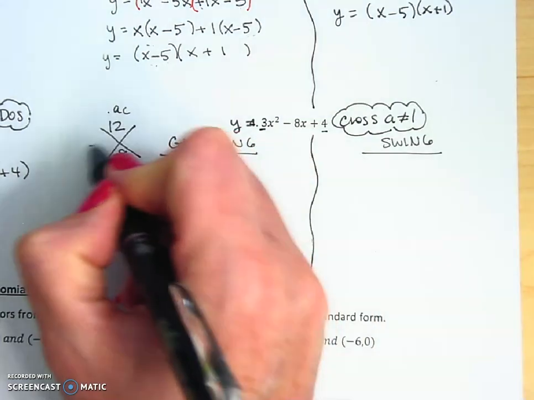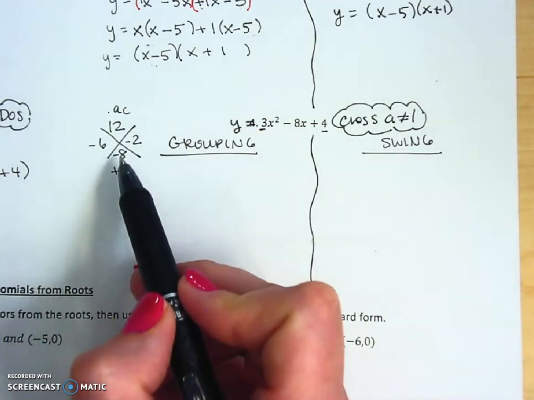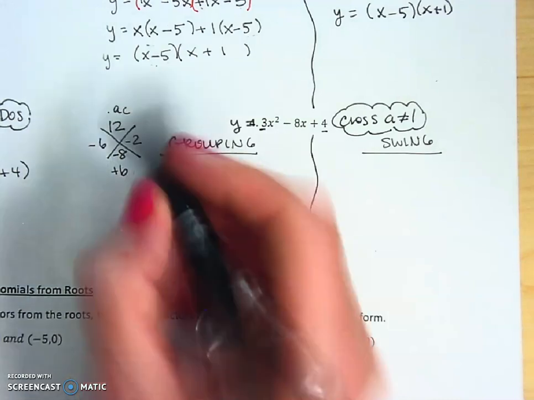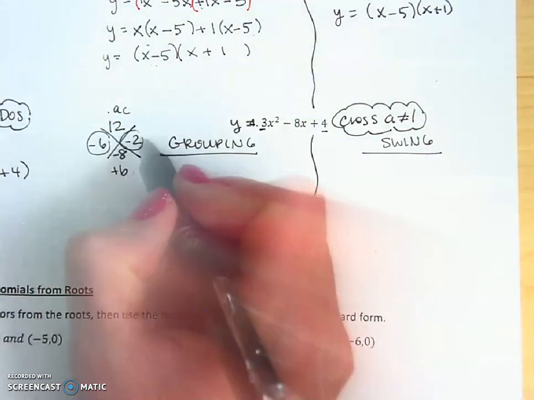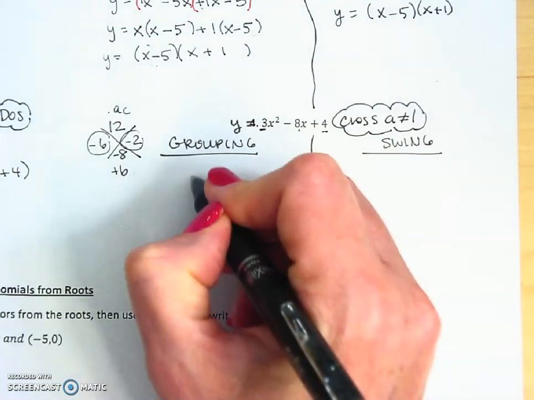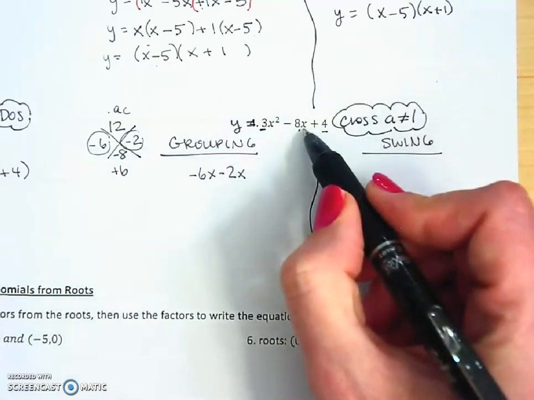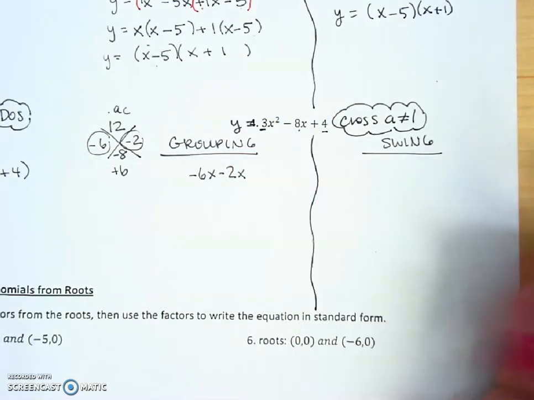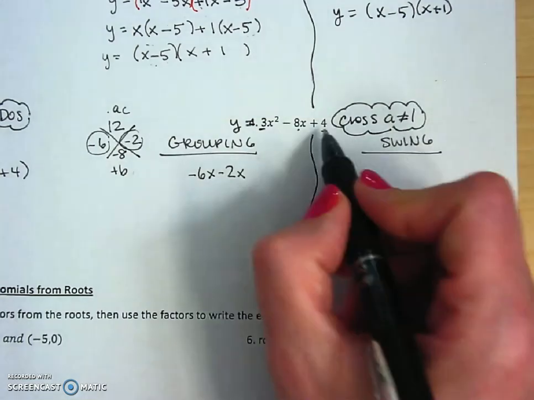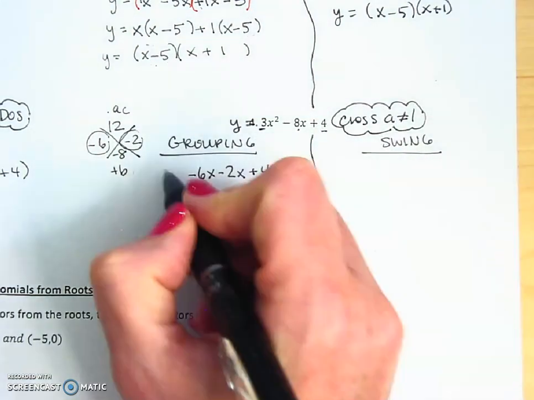So -6 and -2 will multiply to +12 and add to -8. So I'm going to use these two numbers to rewrite my middle term into 2. So I've got -6x, -2x. Okay, that's the same thing as negative 8x. This is written differently. And then the last term stays the same, the 4, and the first term stays the same.